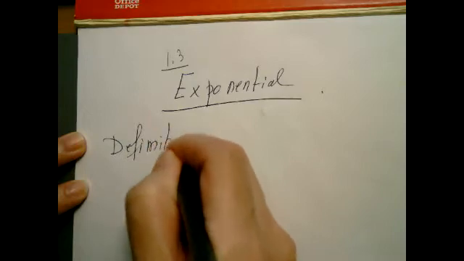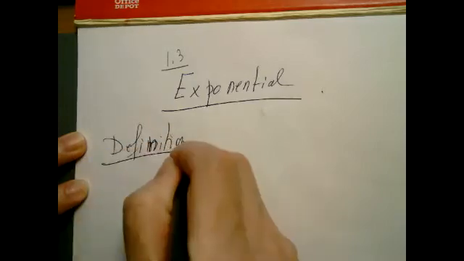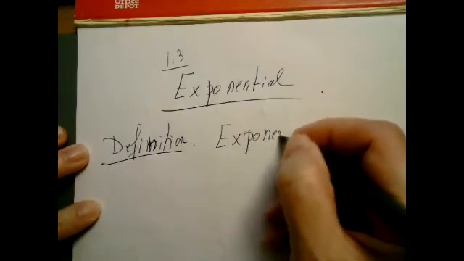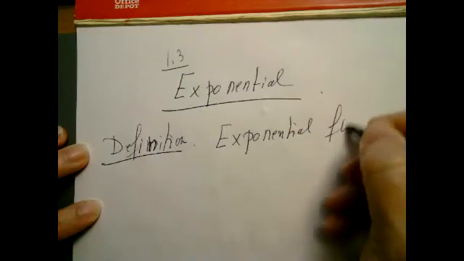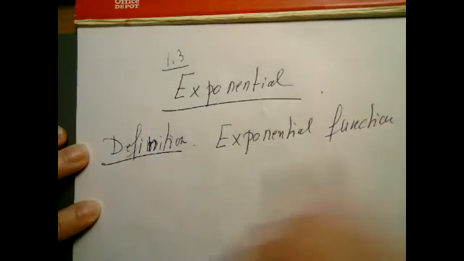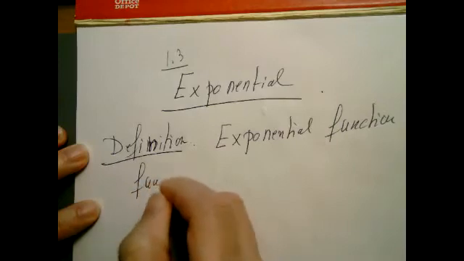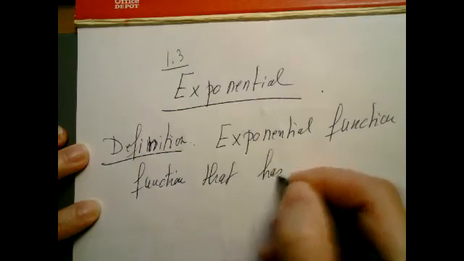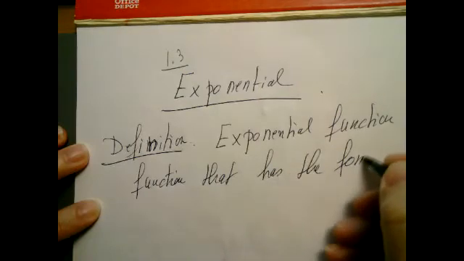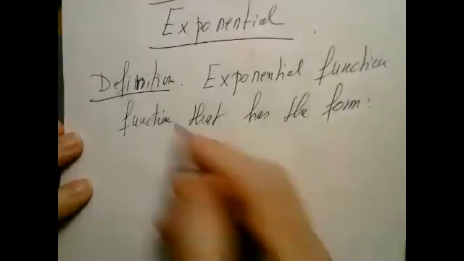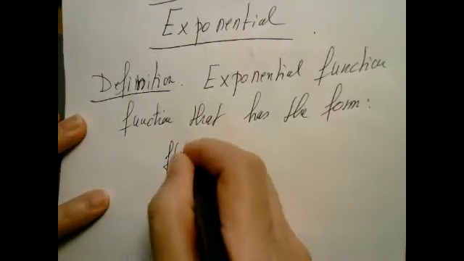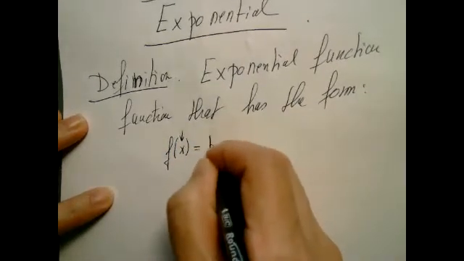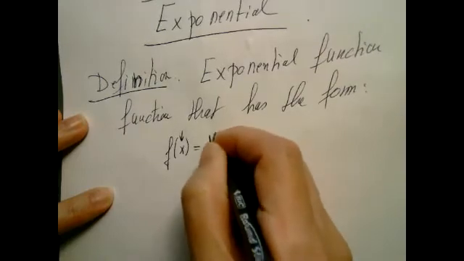The definition: an exponential function is a function that has the following form. f of x equals, so the input is x, the output is a certain number, b, to the power x.